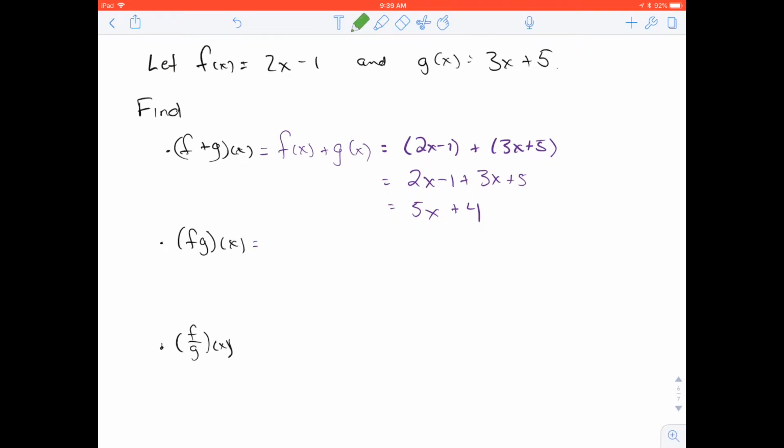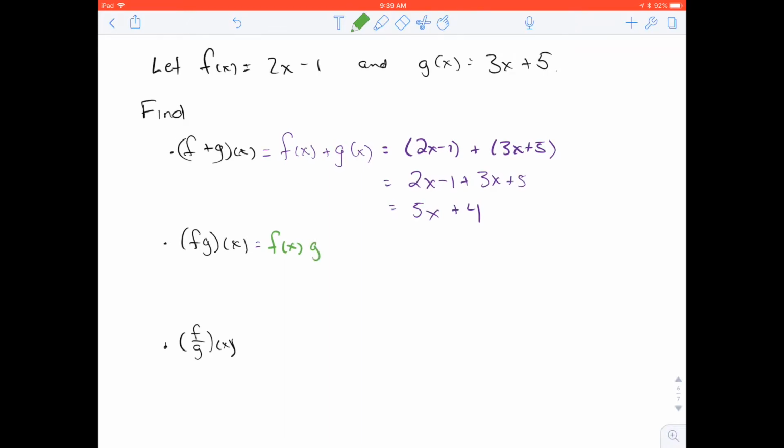Let's move on to the second example. I want to find fg of x. And we said fg of x was just f of x times g of x. So that would be 2x minus 1 times 3x plus 5.